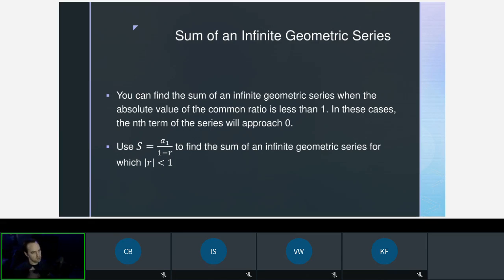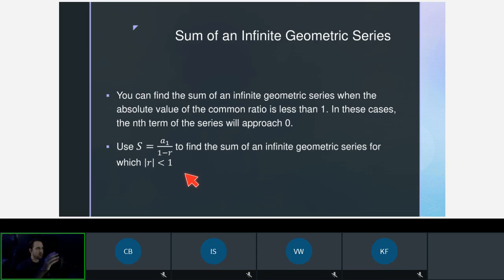Well, you can only do this in a very particular scenario, and that's when the common ratio, the absolute value of it, is less than 1. That means that every term you are multiplying by a fraction.